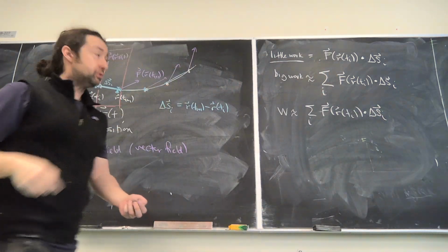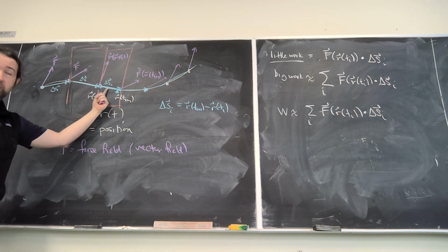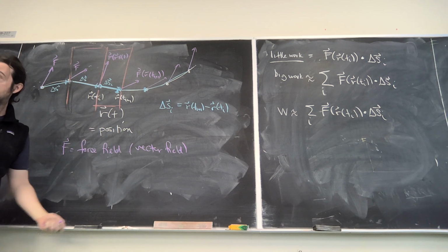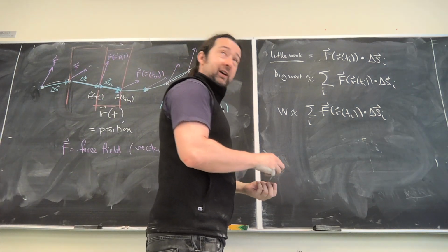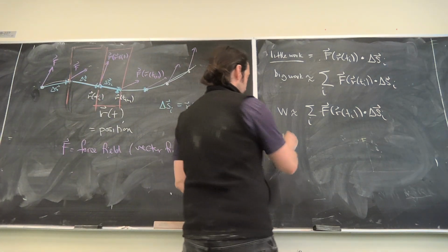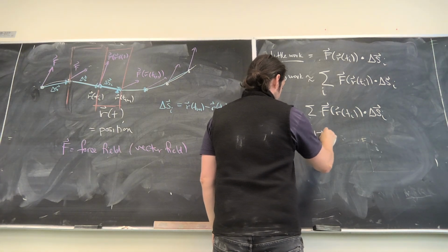And if I let those little vectors get smaller and smaller, that is, if I broke this into smaller and smaller pieces, this approximation would get better and better. The more little pieces I break the curve into, the better my approximation of the work gets. You'll have to see it in a later class to prove it, but now we're going to let the size of those vector pieces go to 0.